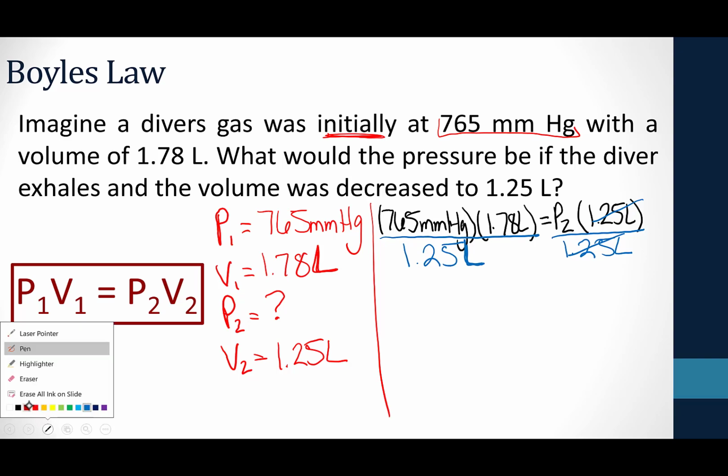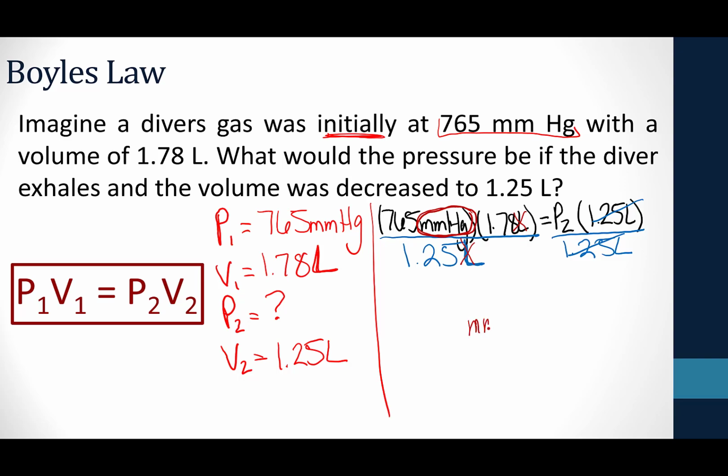Let's keep a close eye on our units here. I have liters on top, liters on bottom. Those cancel. The only unit left in my problem is millimeters of mercury. That is good news because we are solving for pressure, right? That's a pressure measurement.